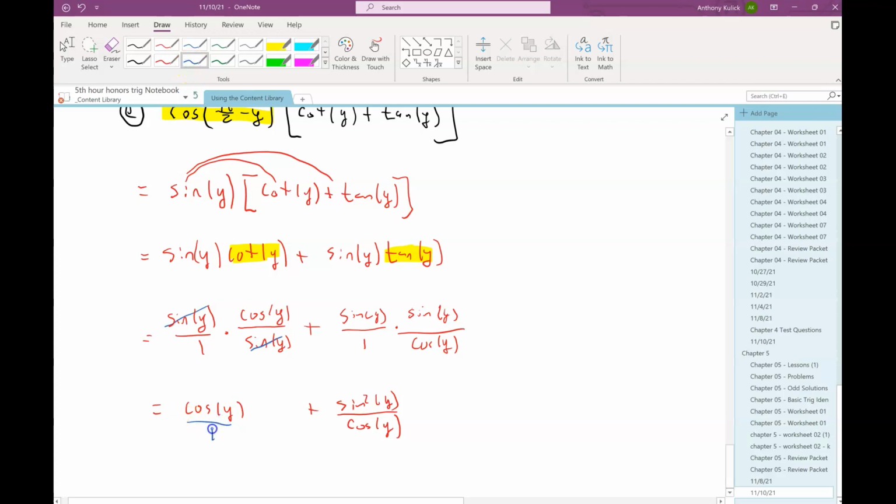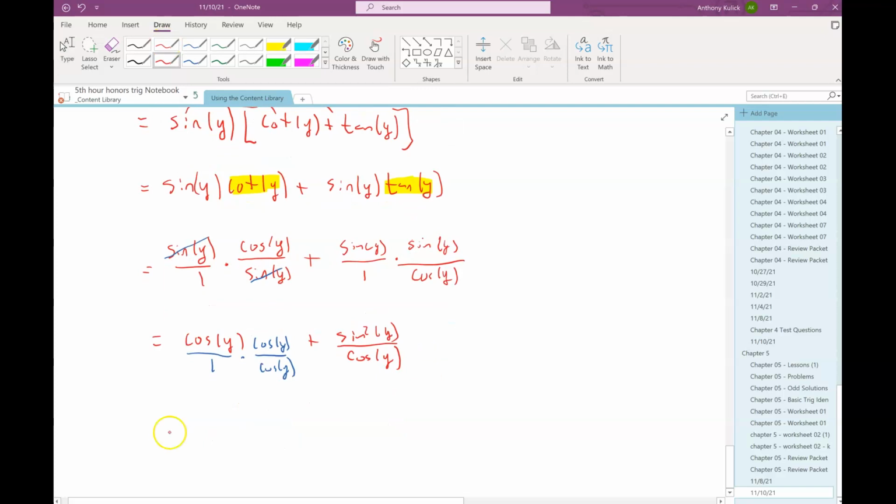Yeah, what would that common denominator be? Cosine y. So I'll multiply the first fraction by cosine over cosine. The second fraction I don't have to do anything to because it's already got a denominator of cosine. So that's going to give me cosine squared y plus sine squared y, oh boy, all over cosine y.